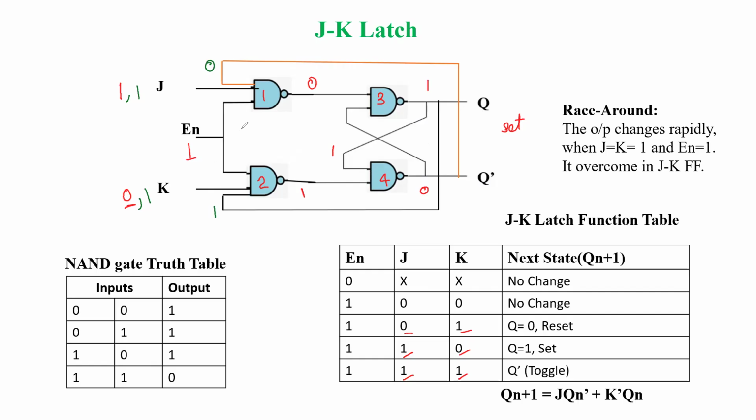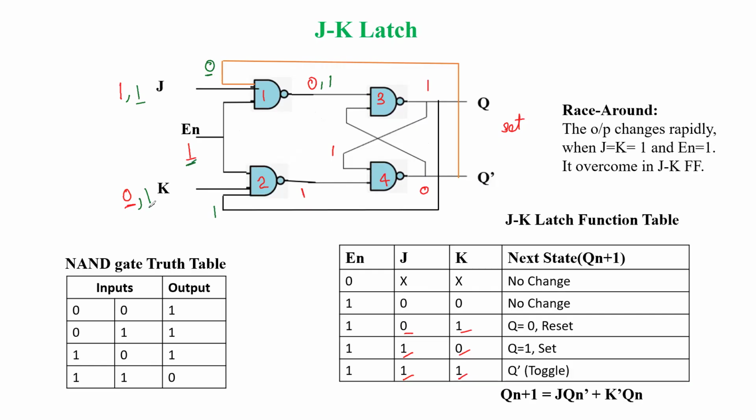Now we'll try to analyze the situation. J is 1, Q dash is 0, enable is 1, so the output of this gate is going to change to 1 here. Similarly, we see for NAND gate 2: all three inputs are high.